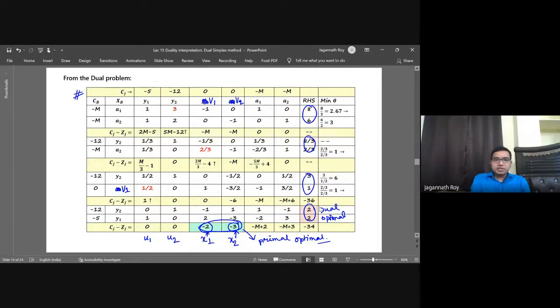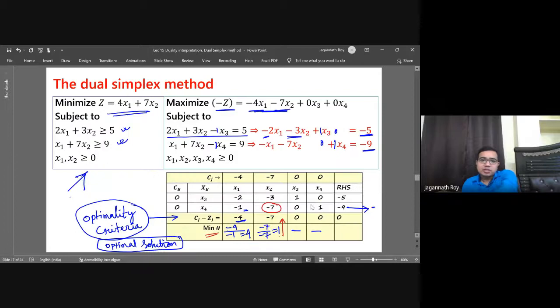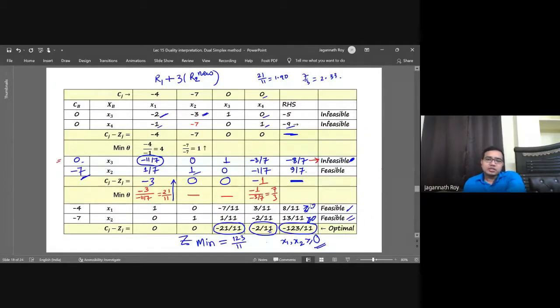The only thing we have changed is this row. We have to take care of this row, Cj minus Zj. So whenever optimality is satisfied, we can call it optimal. So feasibility is always maintained here, and for the dual simplex method, the duality is always maintained.